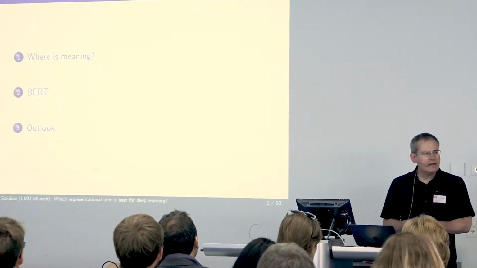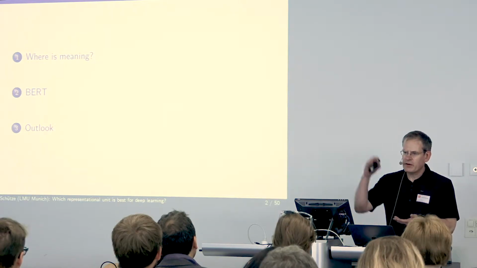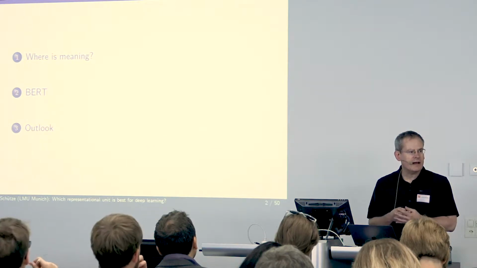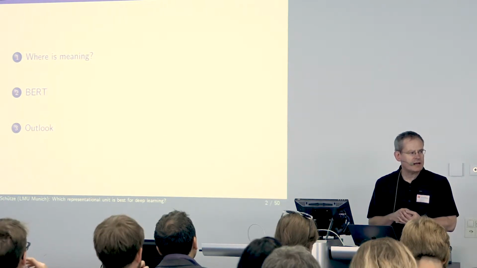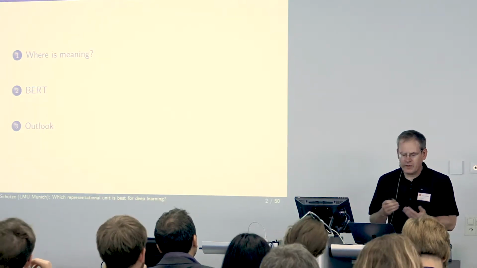So the question I want to start with in this talk is, where is meaning? If you have a deep learning architecture, where is the meaning of natural language represented in that architecture? That's more of a theoretical approach. For those of you who are more practically minded, the following part is very practical.